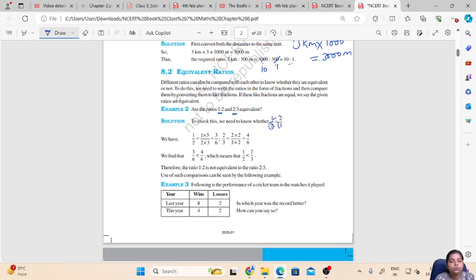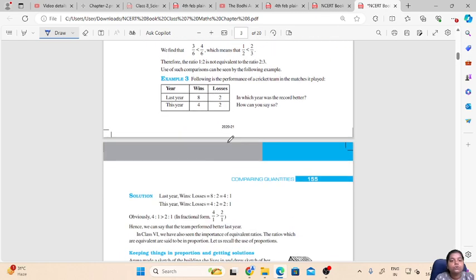So 2 into 2 and 3 into 2 give 4 divided by 6. So 3 by 6 is obviously less than 4 by 6, which means that 1 by 2 is less than 2 by 3. Therefore the ratio 1 is to 2 is not equivalent to the ratio 2 is to 3.